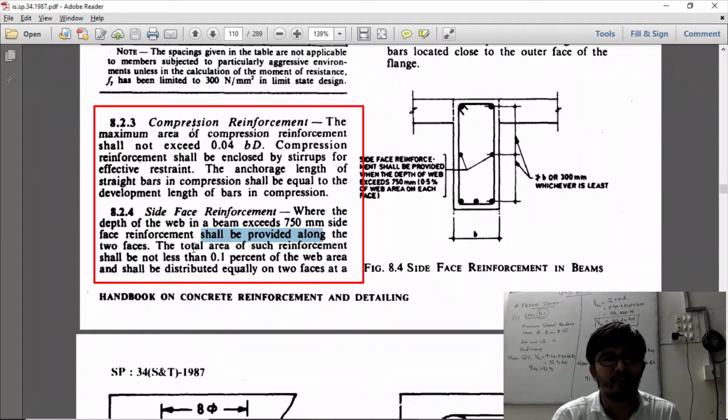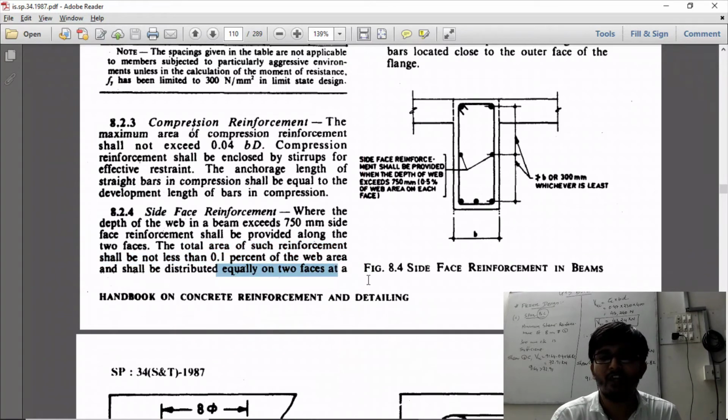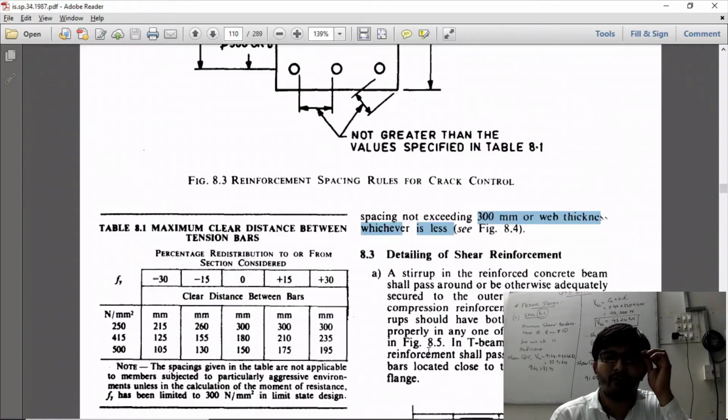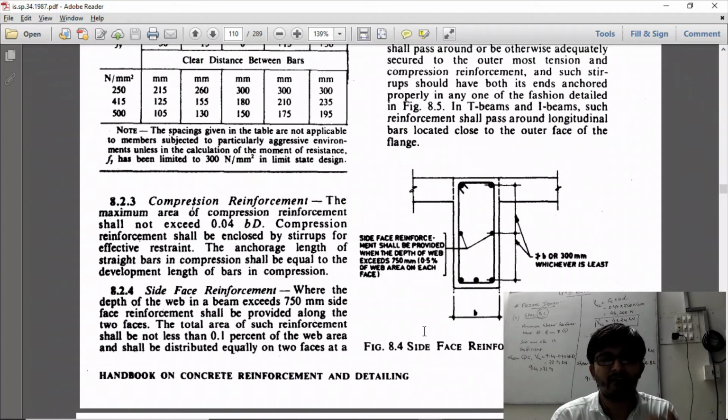The total area of such reinforcement shall not be less than 0.1% of the web area and shall be distributed on two faces at a spacing not exceeding 300 mm or web thickness, whichever is less. So there is a criteria for side face reinforcement, and this is only applicable when we have the depth of beam greater than 750 mm, right?